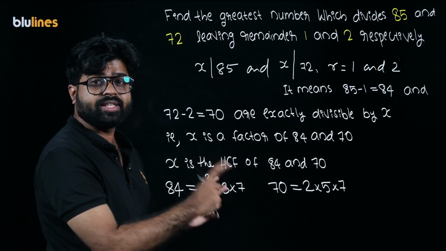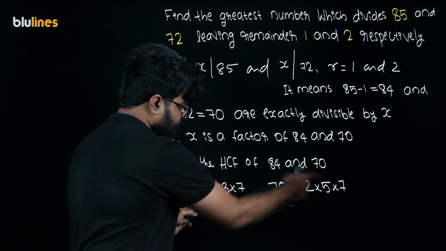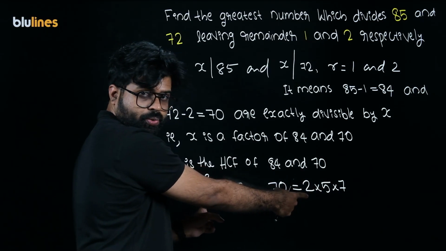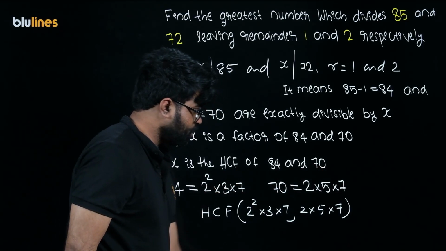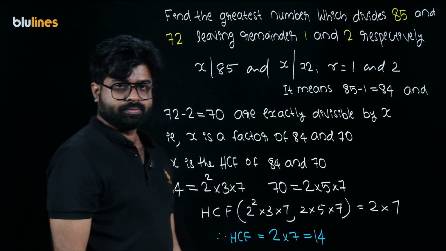Indirectly, they are asking us to find the highest common factor of these two numbers. Here we have a 2 common, here also there is a 2. Here we have a 7 common, here also we have 7. So, the HCF of these two numbers is equal to 2 multiplied with 7, which is equal to 14.